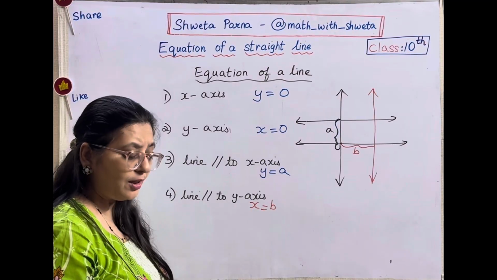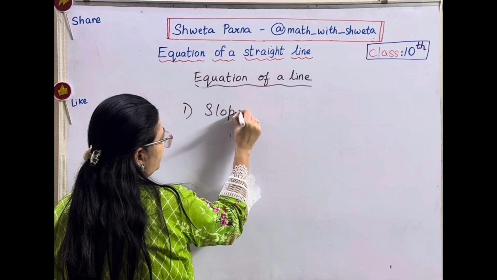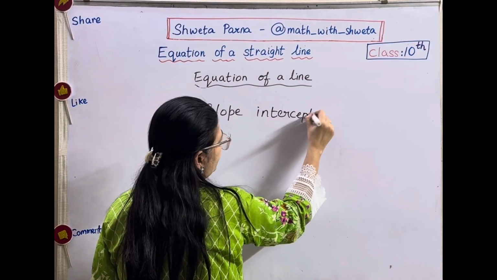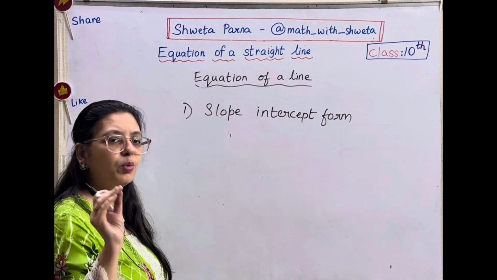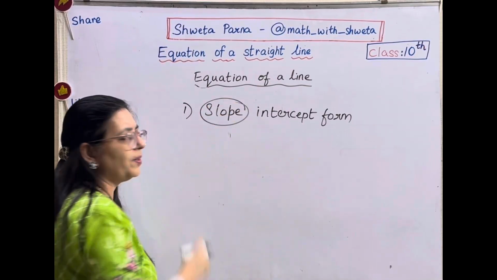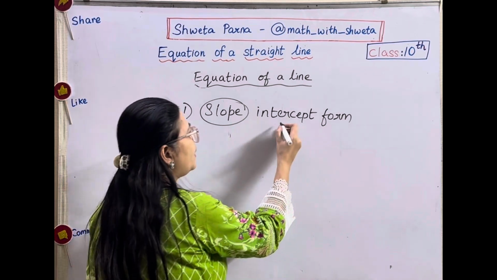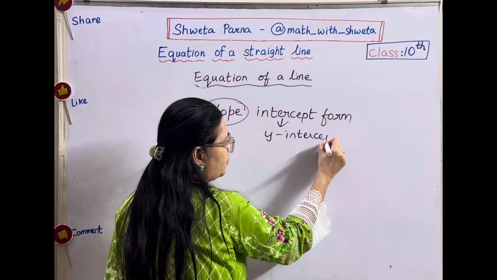Then the first one is the slope intercept form. What do you mean by slope intercept form, and when are you going to use it? When our slope is given to you, and when we talk about intercept, we mean only the y-intercept, not the x-intercept.